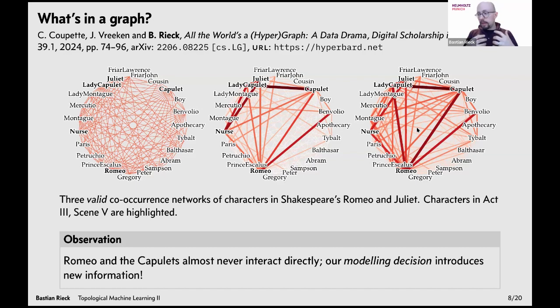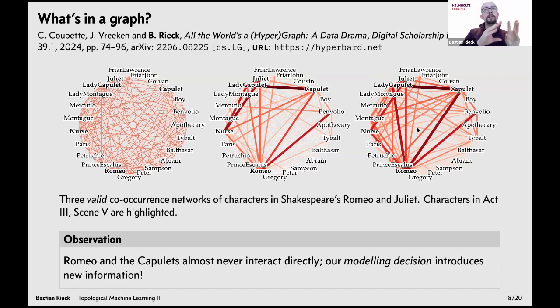So in a very real way, and I hope you understand that this transfers to a lot of other datasets that we're seeing, the modeling decision that we did, namely the construction of the graph from the data, introduces some kind of new information. In this case, it's information that might be considered wrong because those characters are actually not on stage together, but nevertheless, it's information that is in there.